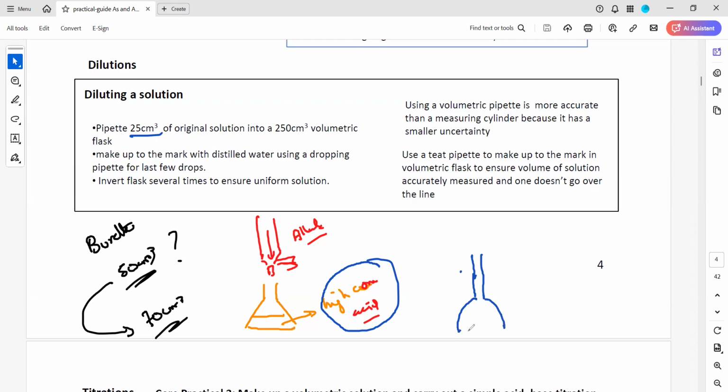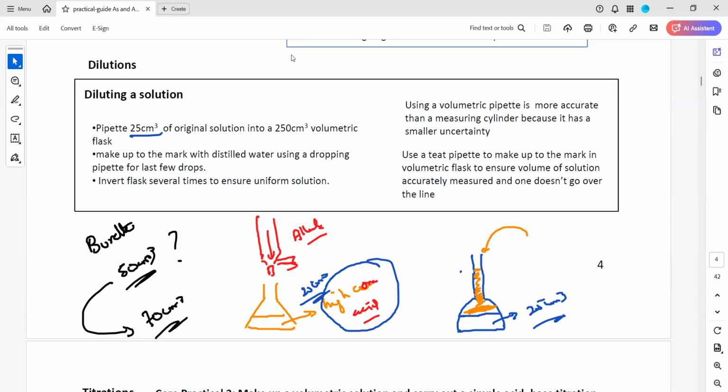Instead of directly using it for titration, I transfer that highly concentrated 25 cm cube into a volumetric flask. Then we add deionized distilled water to it until it reaches the mark.